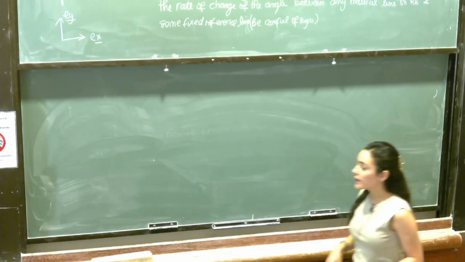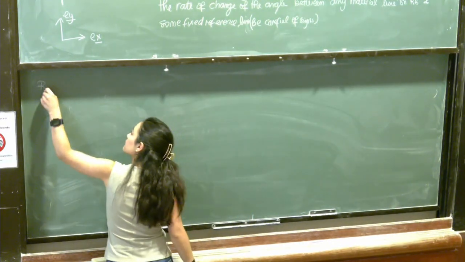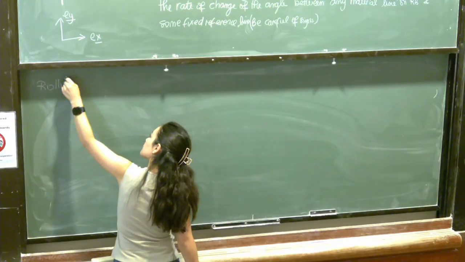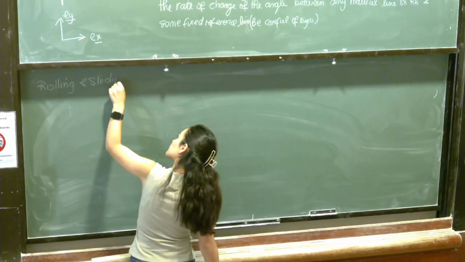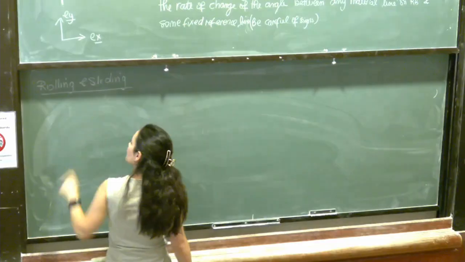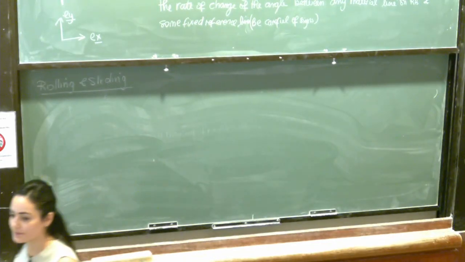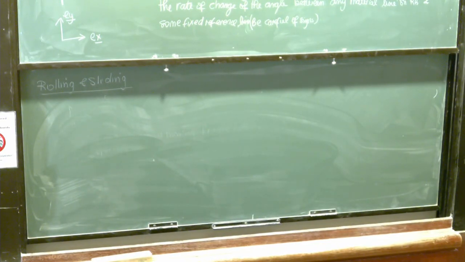Our new topic of the day is rolling and sliding. When you drive a car, raise your hand if you drive a car. Yeah? Okay, most of us drive. When you're driving, do you want the car to roll, pure roll, or do you want it to roll and slip? Roll. Why do you want it to roll? The tires, yes. What if you're drifting?